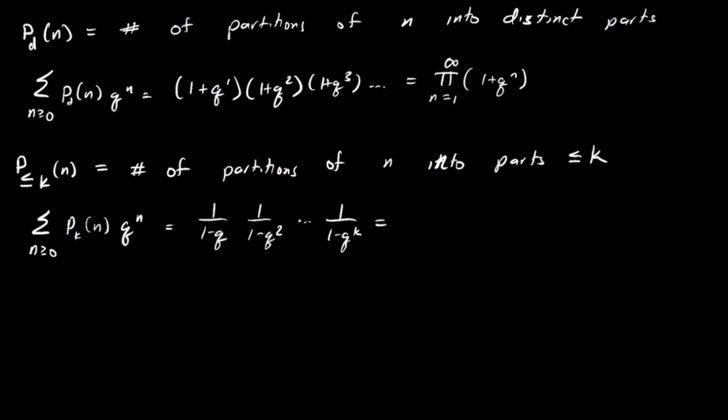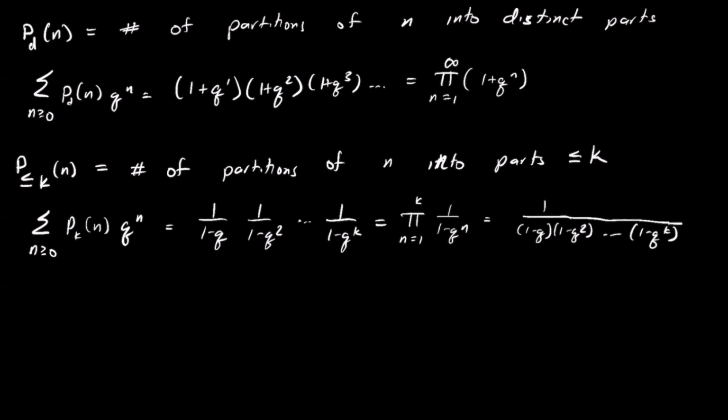So I can just write this as the product of 1 over 1 minus q to the n, where n goes from 1 to k, or simply express this as 1 over 1 minus q, 1 minus q squared, up to 1 minus q to the k. So this is the generating function of the number of partitions of n into parts that are less than or equal to k.